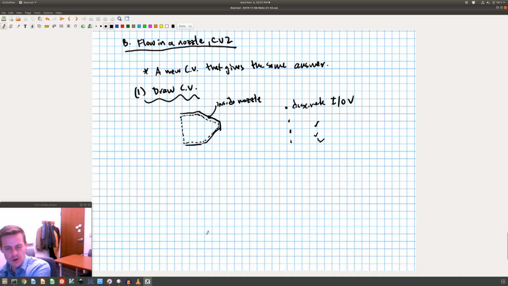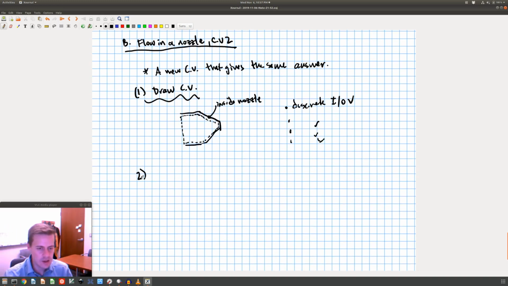So for that case, let me come down to 2 and write my balance. Now I have a control volume that's not shaped like a rectangle. I don't know exactly what that shape is, almost like a pentagon with a little end cut off.